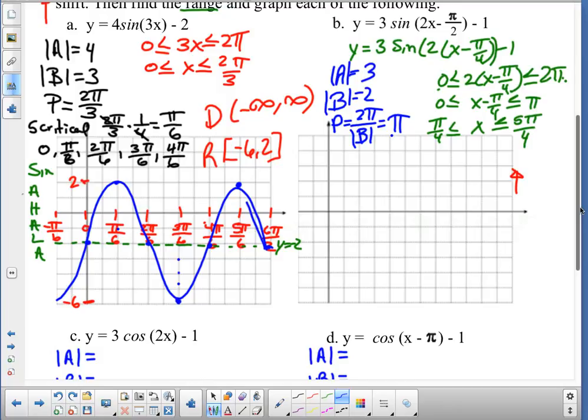So our critical values are going to be, starting at pi over 4, and we're going to go up by pi over 4s. So I've got pi over 4, 2 pi over 4, 3 pi over 4, 4 pi over 4, and 5 pi over 4.